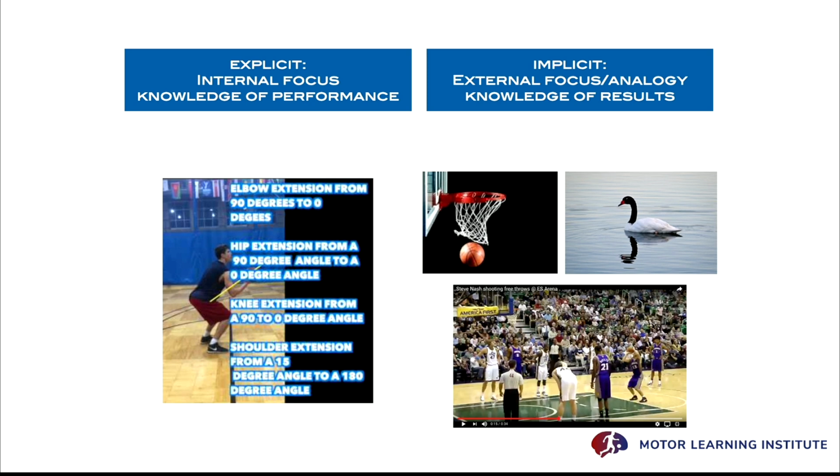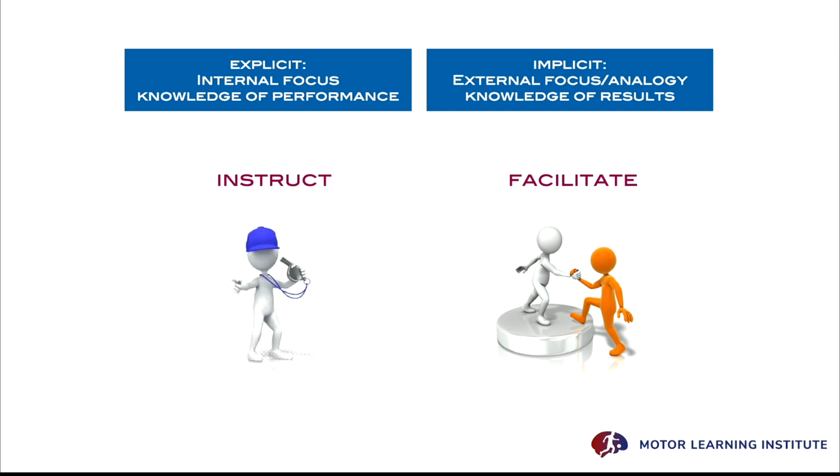So here the rim of the basket is the external focus. So instructing basically kind of belongs to explicit learning, and facilitating more to implicit learning, because you don't tell the solution, but you facilitate by giving implicit instructions or feedback.